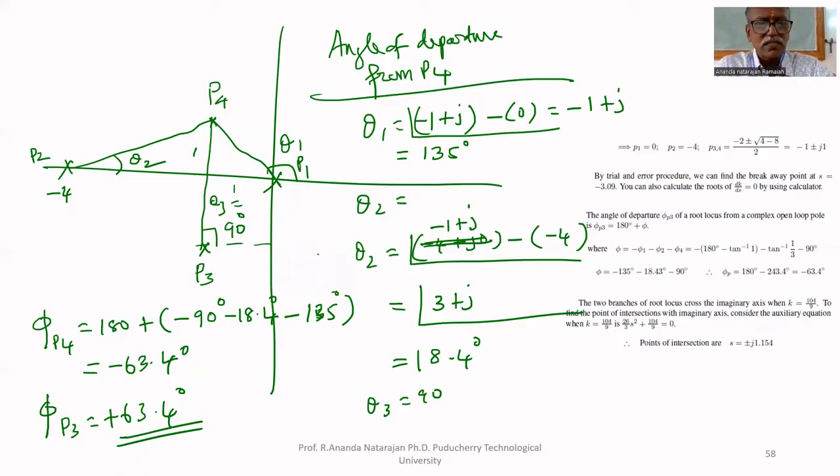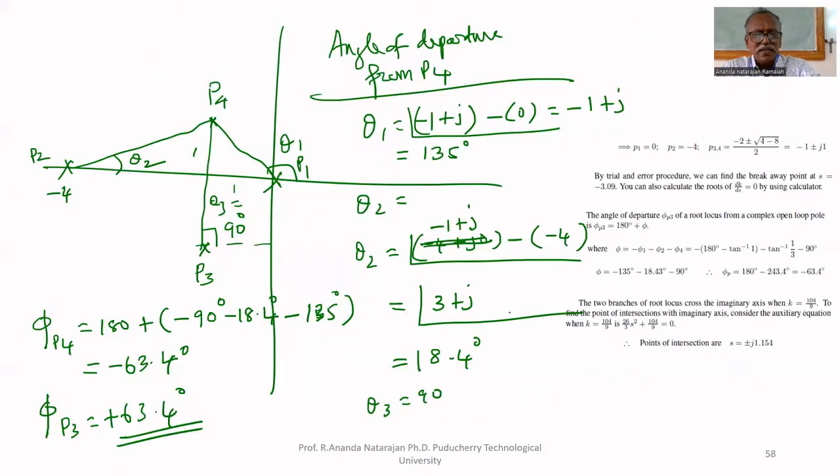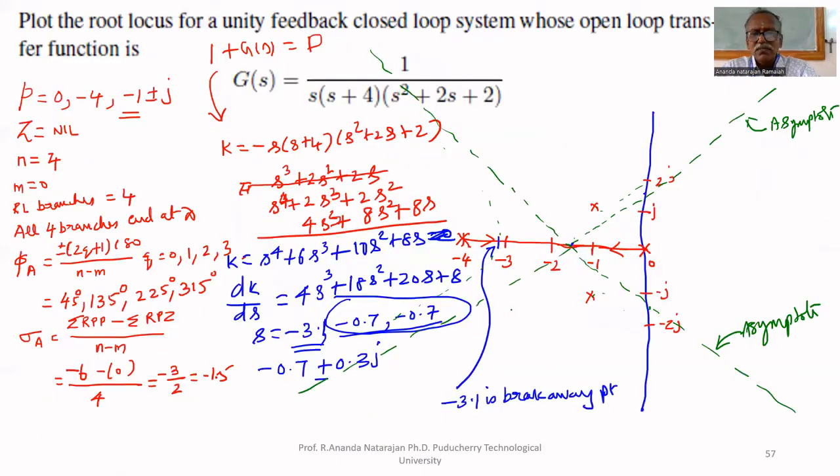So now we can draw that. Where it intersects the negative axis, it comes out at an angle of minus 63.4 degree, so we draw a line at minus 63.4.